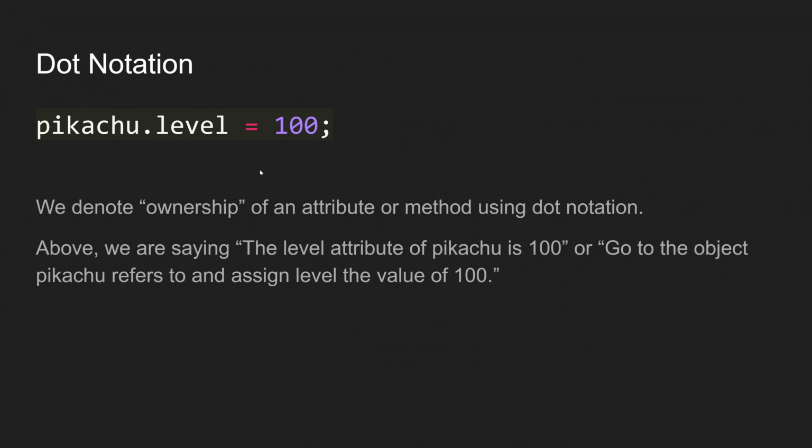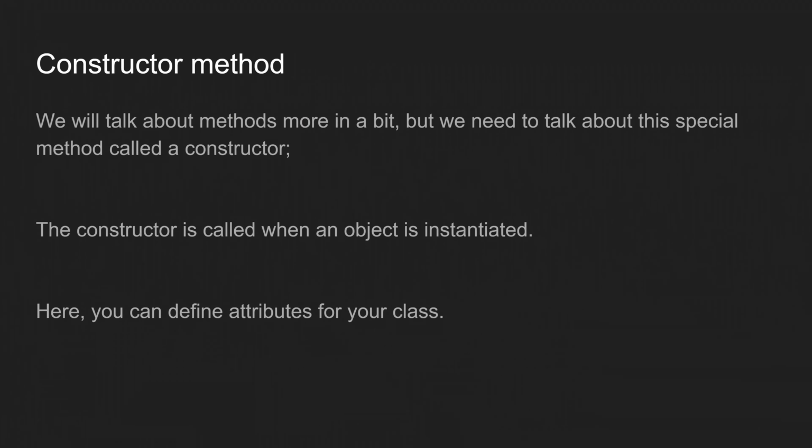All that's well and good, but there's actually a step we have to do in order to actually make a class. We haven't done that yet. We need to actually make something of it. So we need to use something called a constructor. A constructor method is a special kind of method that is used to define how our objects should be made. The constructor is called when an object is instantiated. When you create your object, this is the thing that's called.